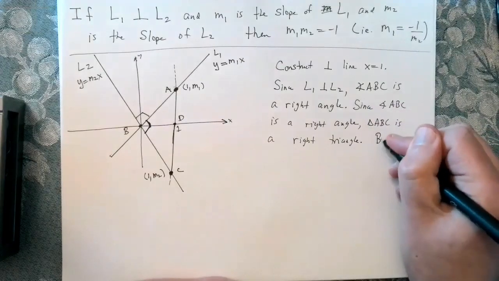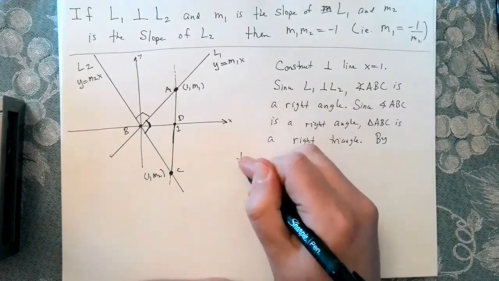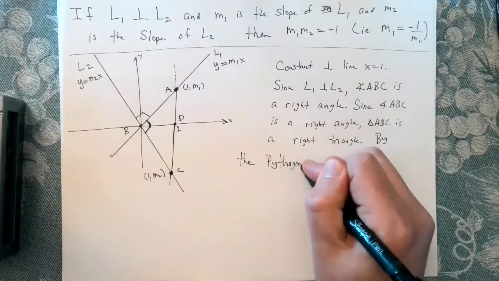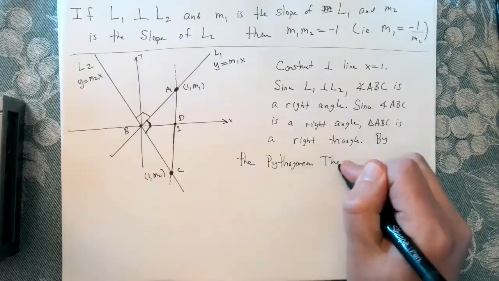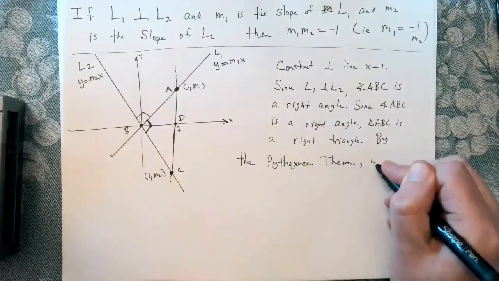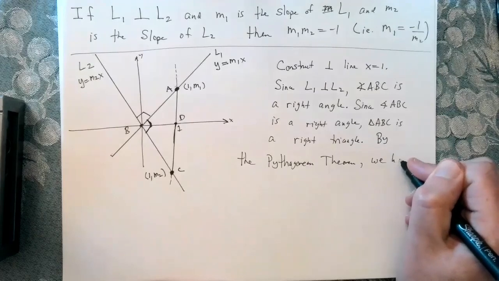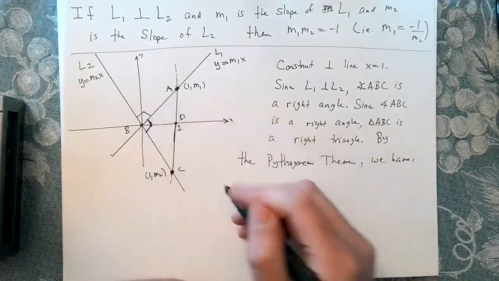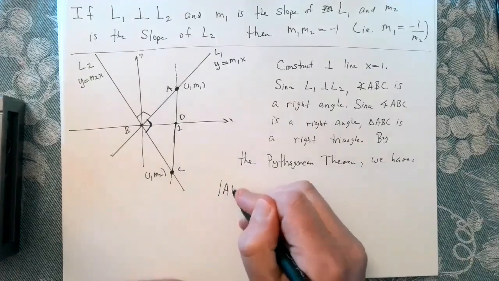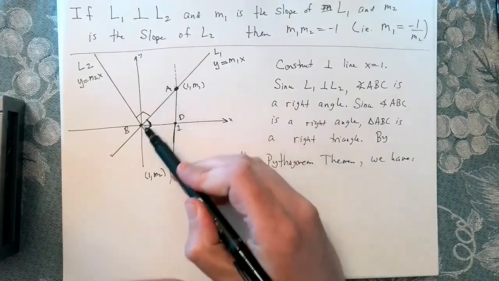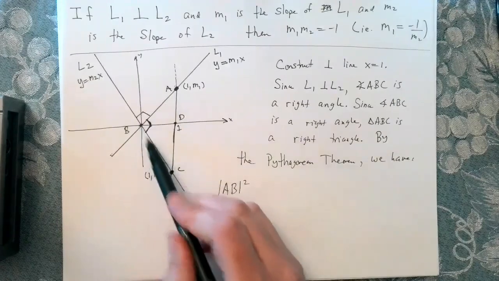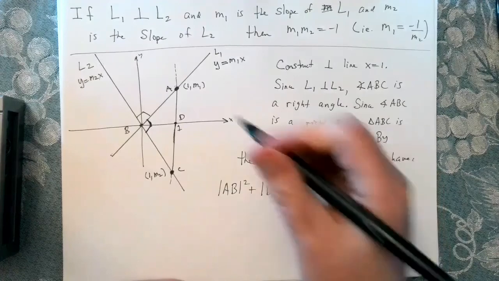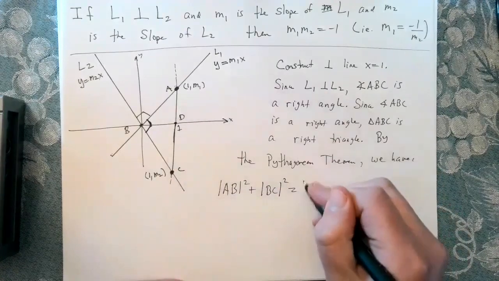So by the Pythagorean theorem, we have the following. The length of AB squared, right? That's one of the legs, plus the length of BC squared is equal to the length of AC squared.